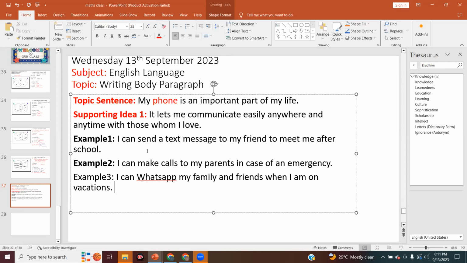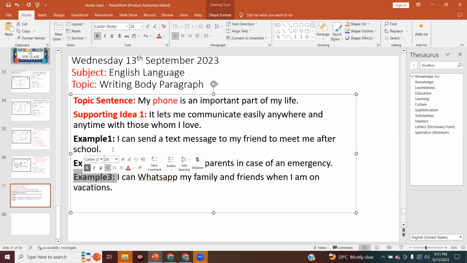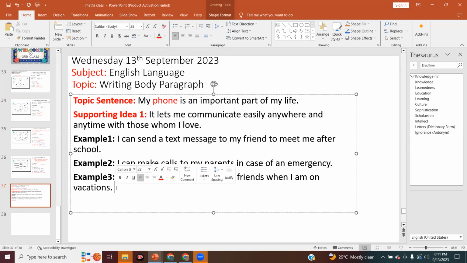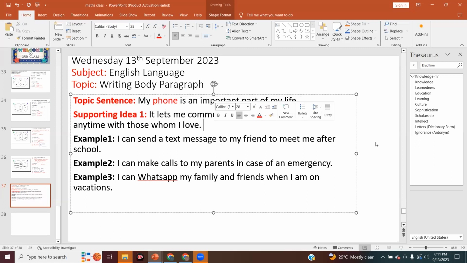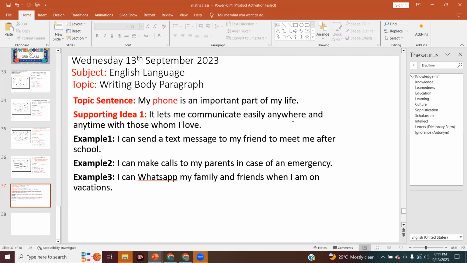So hopefully you see that this supporting idea, which is it helps me communicate easily anywhere with those I love, supports all of these things: me sending a text, me making calls to my parents in case of emergency, me texting my friends on WhatsApp. All of those things are related to the same supporting idea of it lets me communicate easily anywhere and anytime with those whom I love.